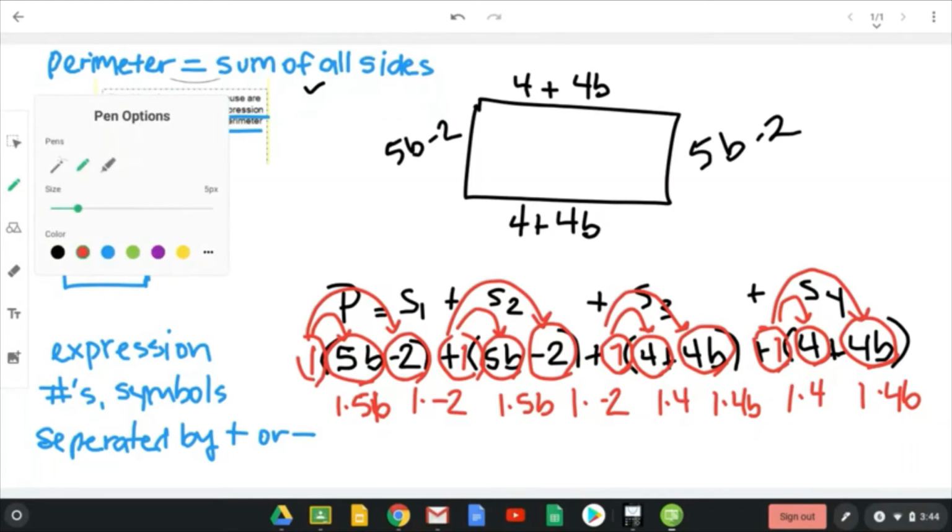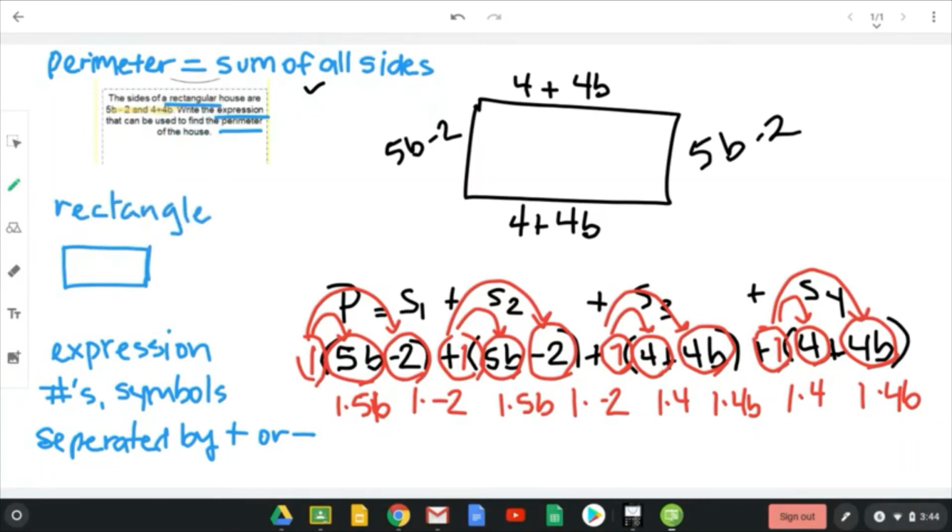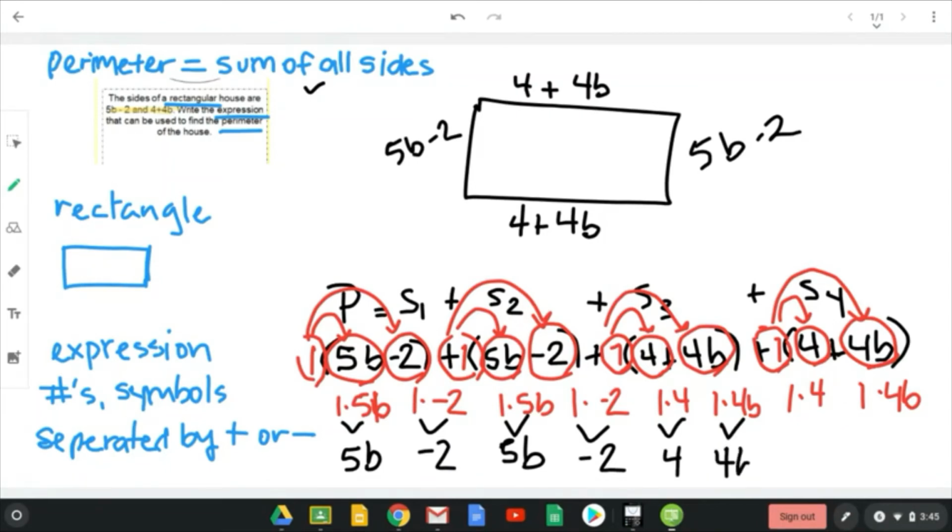All right, I'm going to continue here. 1 times 5b, 5b. 1 times negative 2, negative 2. 1 times 5b, 5b. 1 times negative 2, negative 2. 1 times 4, 4. 1 times 4b, 4b. 1 times 4, 4. And 1 times 4b is 4b.